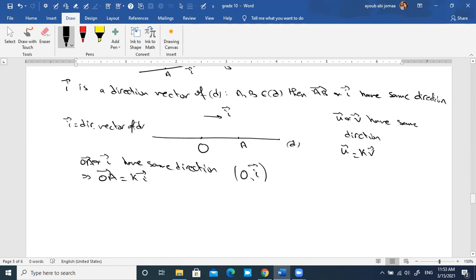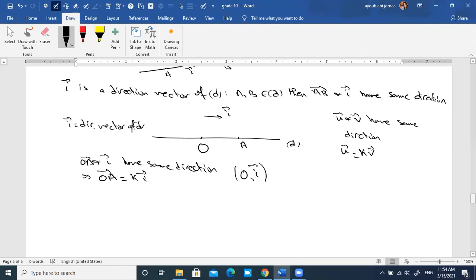The point O is the initial point, which we call the origin. You can locate or determine the location of any point A on this line with respect to this origin O, this point O we choose, using this relation, OA is equal to some constant times vector I.